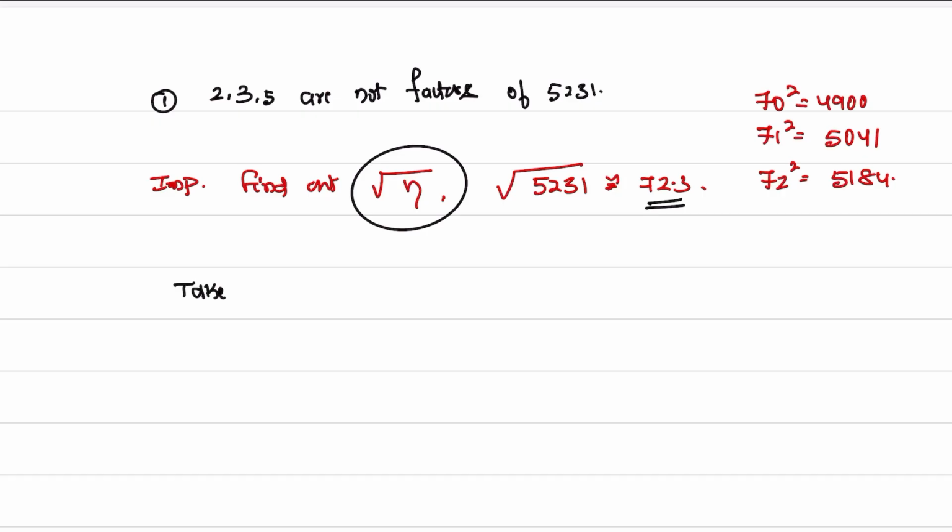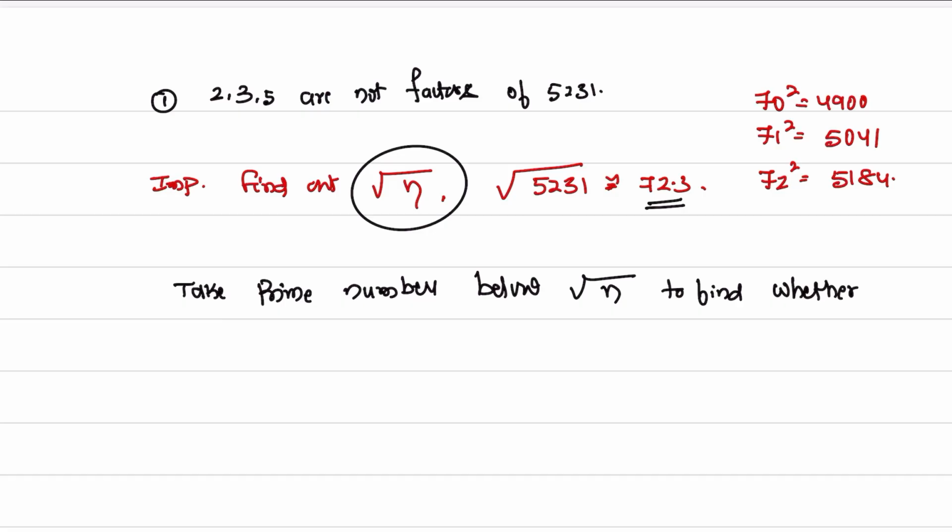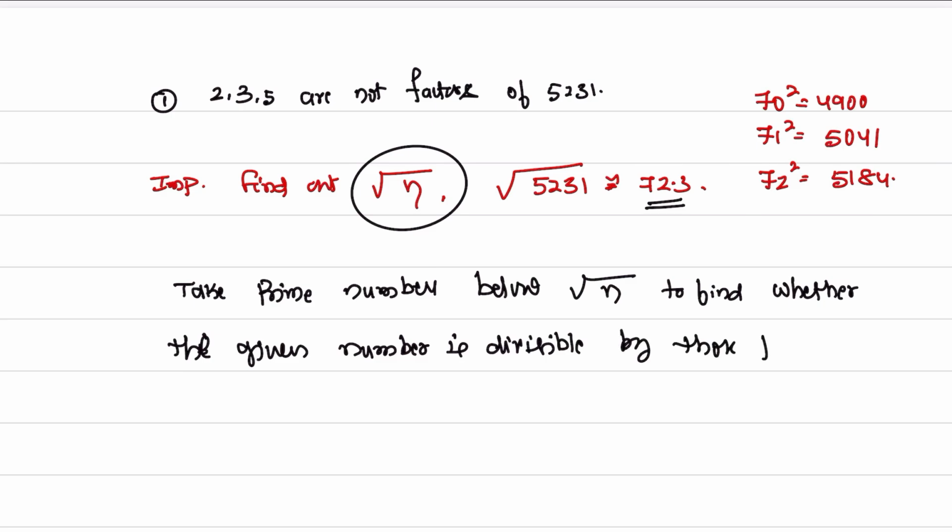Take prime numbers below the square root of n to find whether the given number is divisible by those prime numbers less than or equal to the square root of n.